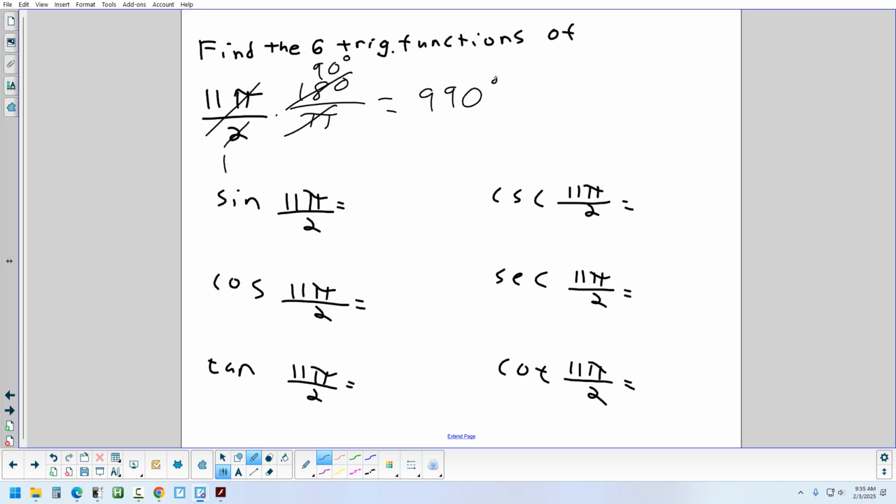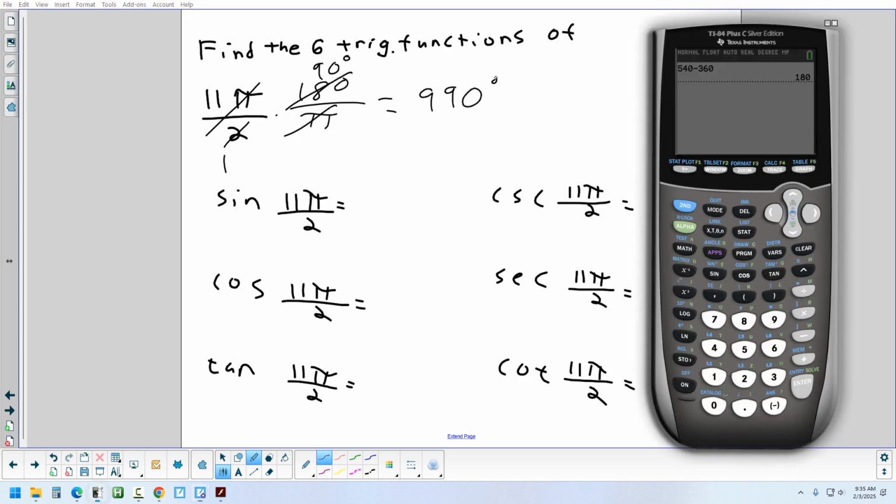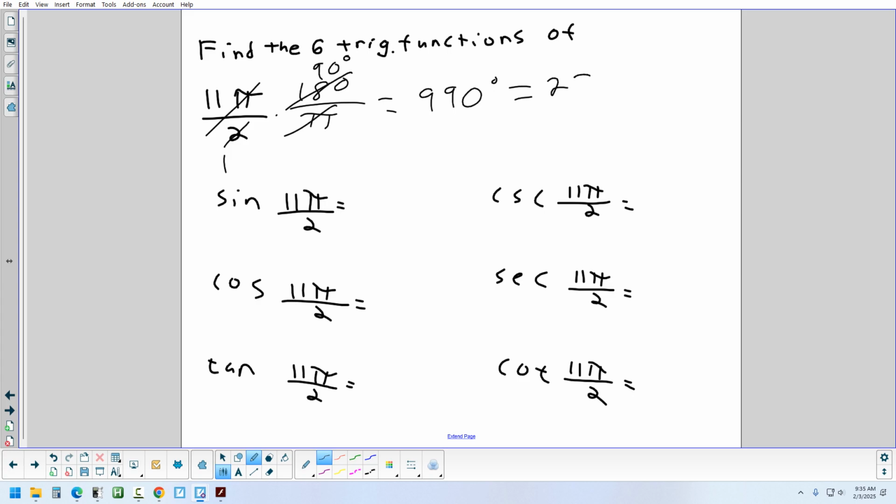It's not an easy angle to work with, 990. It's over 360. So we need to do what to it so it's easier to work with? Okay, so I'm going to subtract 360, and I get 630. Try it again. Now I get 270. Would I want to do it again? No. If I do it again, it's going to go negative. Okay, so we got 270 degrees.